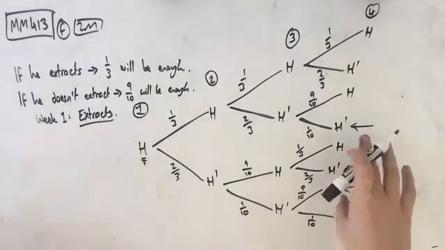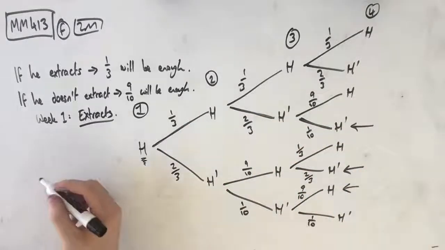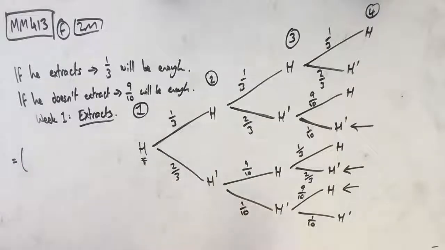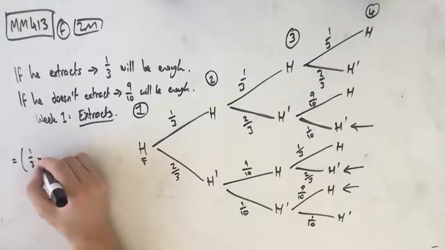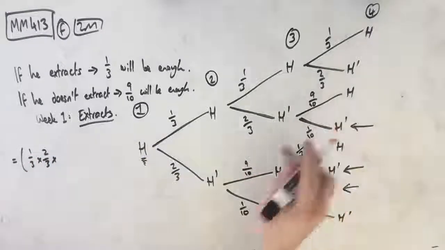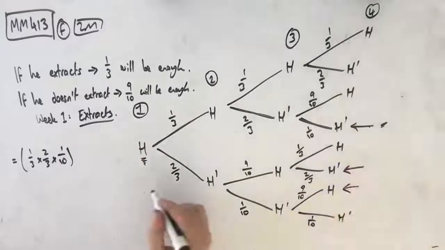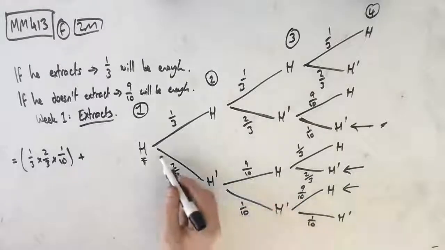Okay, so how do we figure out the total probability of these? Well, we add all these together for each one, and then we add all of those together. So what we get is the probability equals this branch, so 1 in 3 times 2 in 3 times 1 in 10. So that's this bit here, plus this branch here, which is all of this.